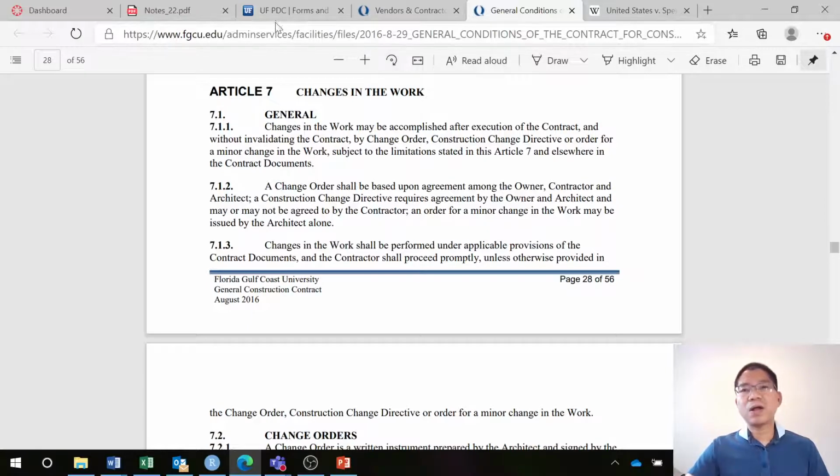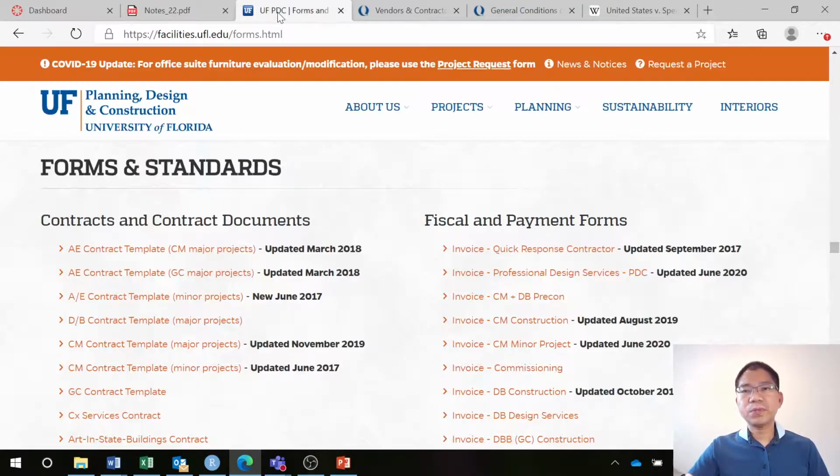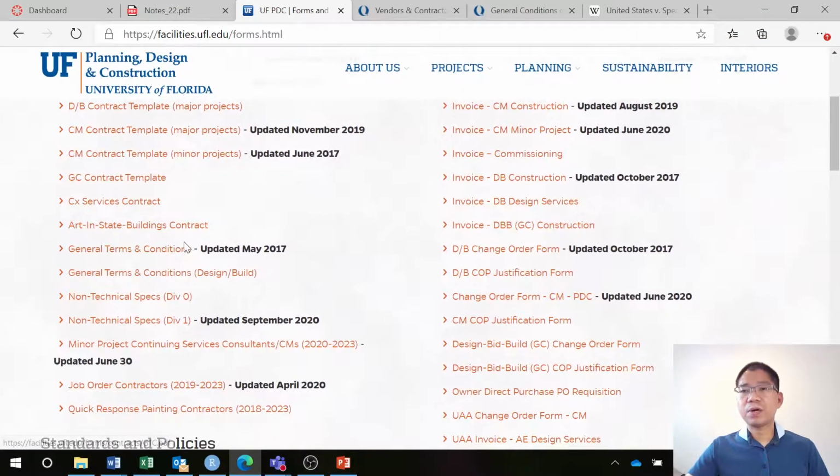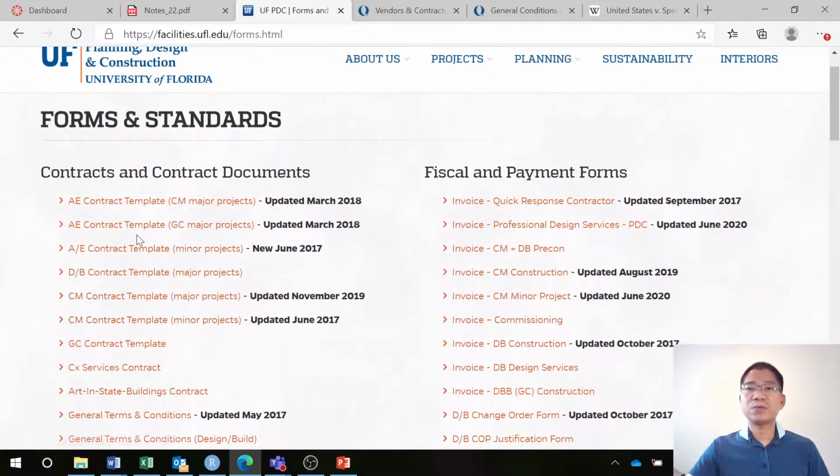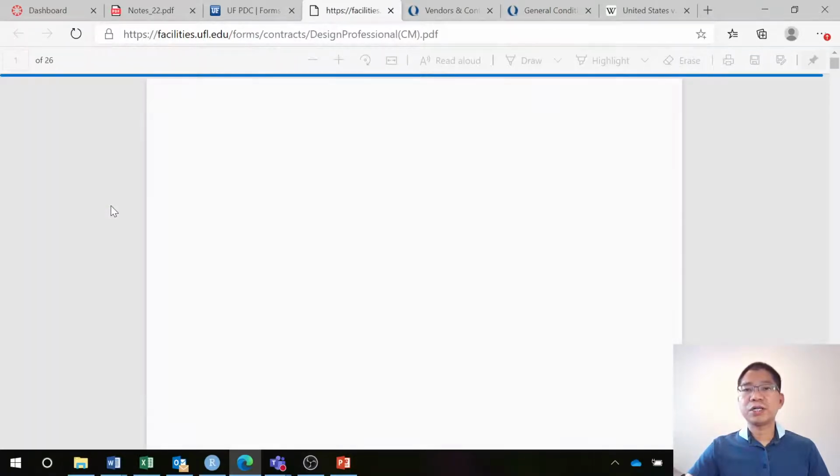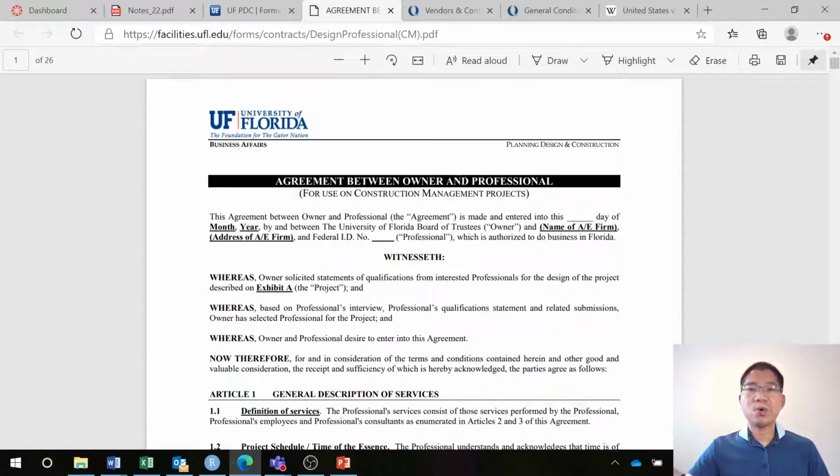And then if I go to UF, they call it planning, design, and construction. You have a different template for different services. If you want, you can take a look at that contract document. For example, you see the architect, engineering work, and CM, owner and professional work.